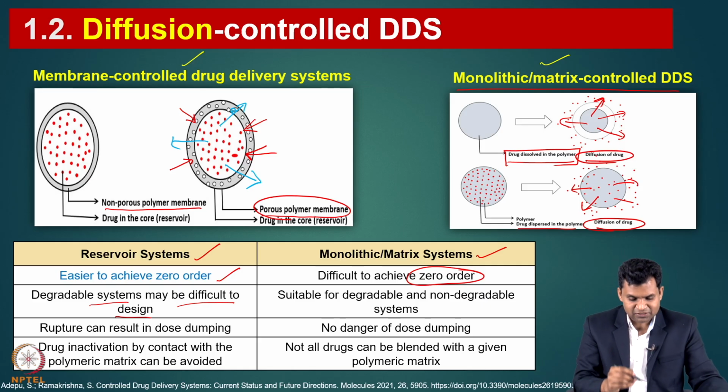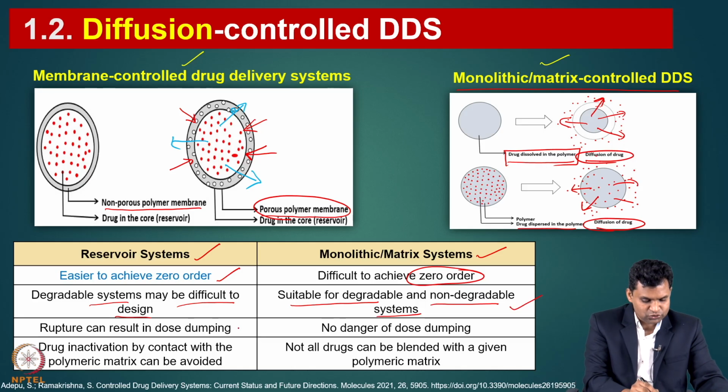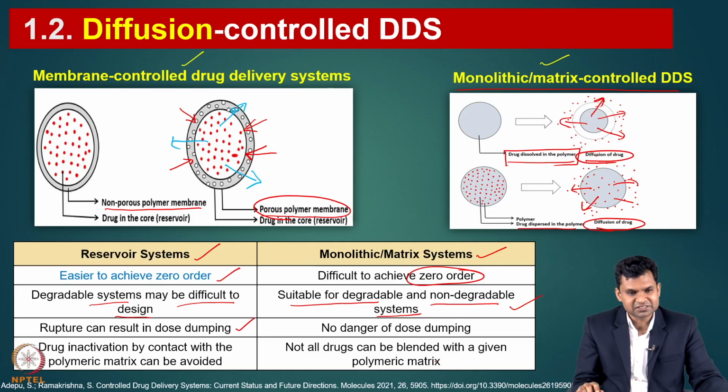In case of monolithic and matrix systems, they are suitable for degradable or non-degradable systems. So we can use both degradable and non-degradable systems. Rupture can result in dose dumping. We also discussed the same point in our first lecture on controlled release drug delivery systems. Dose dumping is one of the major problems in controlled drug delivery systems, because the design is very important.